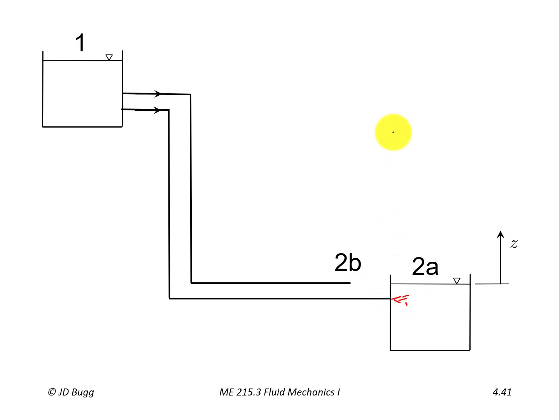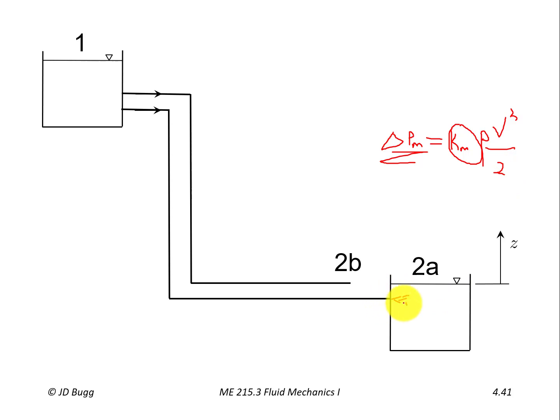Because remember the way minor losses are calculated. Delta P minor is equal to a minor loss coefficient times rho V squared over 2. Okay? So if this is exactly 1, it means the minor loss is equal to the kinetic energy at that point.